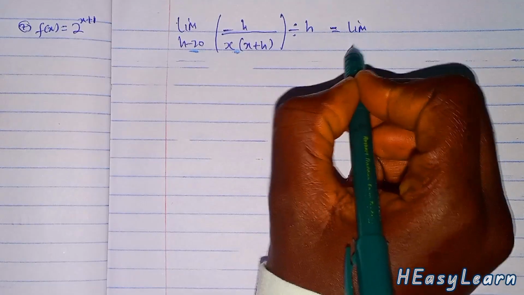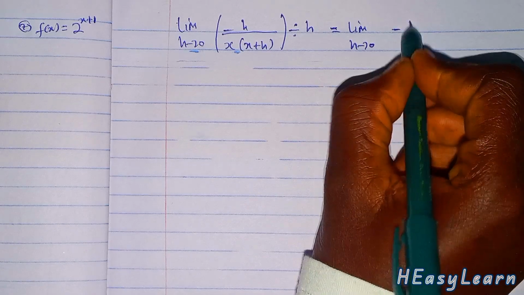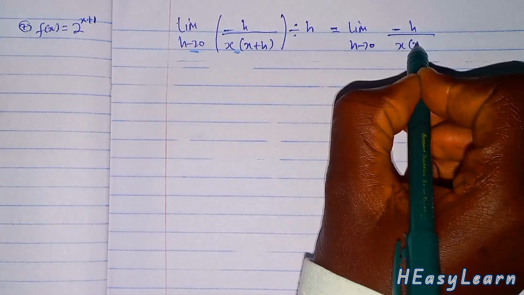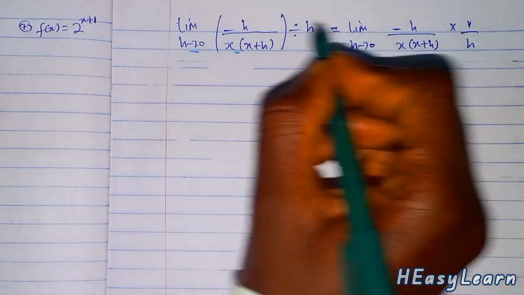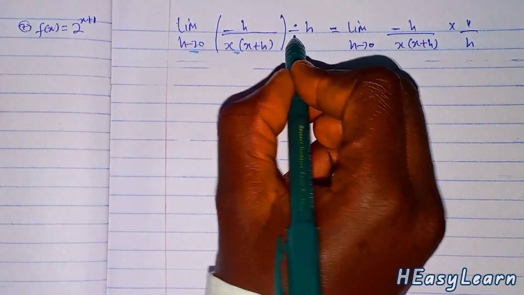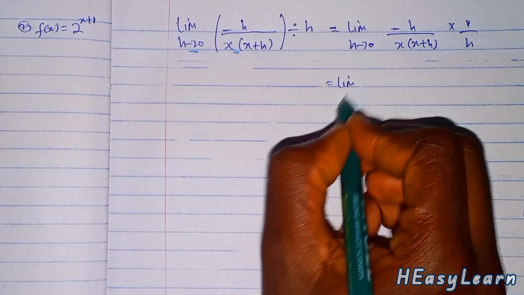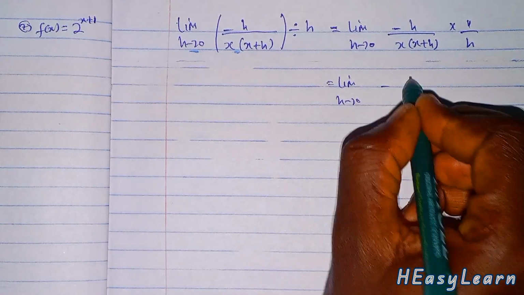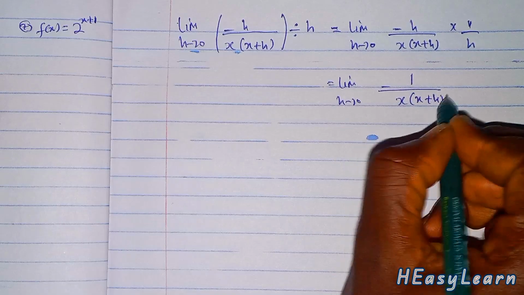The limit as h approaches 0 of minus h over x plus h multiplied by 1 over h. The reciprocal of division is multiplication by 1 over h. The limit as h approaches 0 of minus 1 over x plus h.